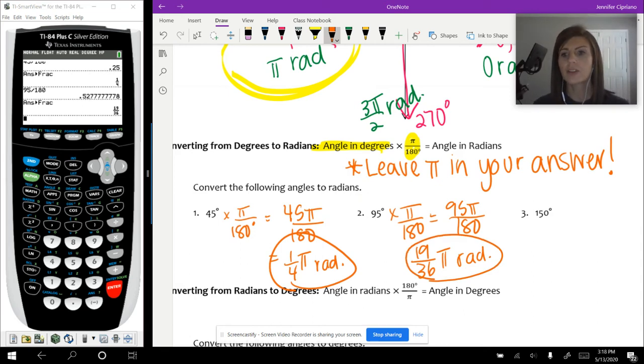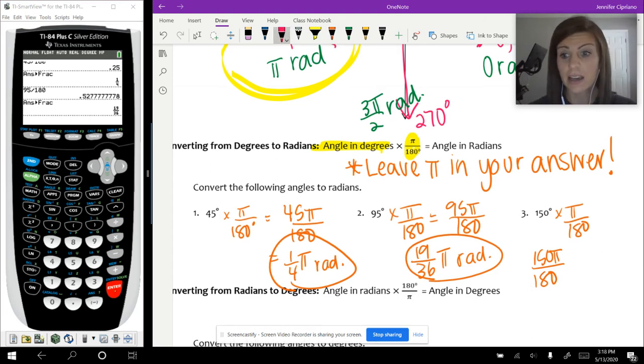Okay, so if you don't have a graphing calculator, then unfortunately you're just going to have to simplify the fraction kind of on your own. So I'll show you what you could do there in number 3. So when I multiply this by pi over 180, I get 150 pi over 180. So I can see here pretty clearly that those zeros cancel.